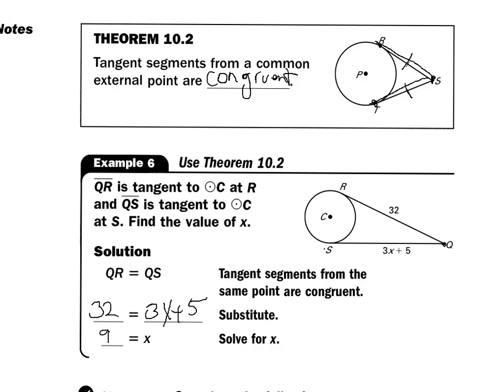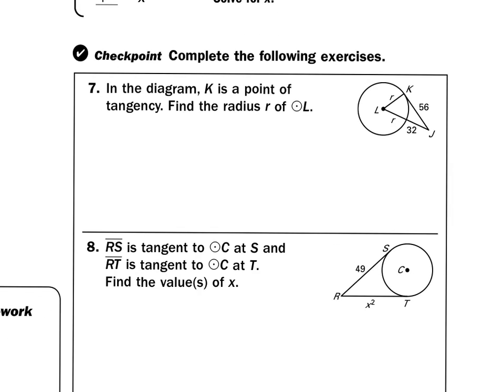Okay, checkpoints. Checkpoint 7 is one of those harder problems. So, let me help you set it up. We've got short side is r, so a squared plus b squared equals c squared. So r squared plus, what's the medium side? 56 squared.